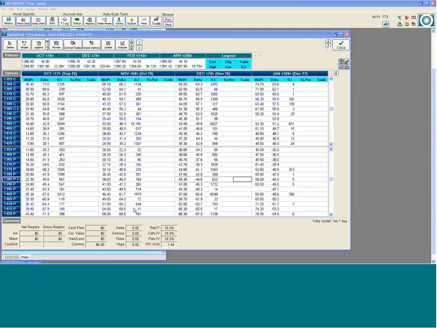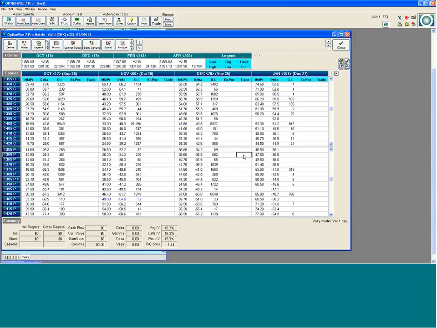Let me show you an example here of if you're bearish on gold, rather than doing an outright put purchase or doing a bear put spread, what if you were to do what's called a put ratio back spread? That would be where you are going to be purchasing multiple out-of-the-money puts.